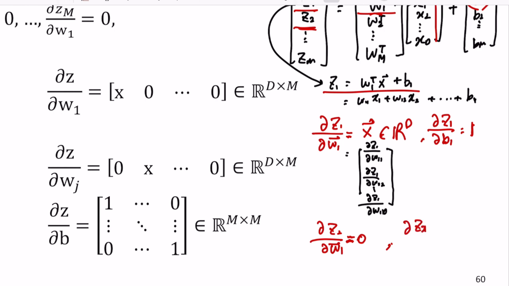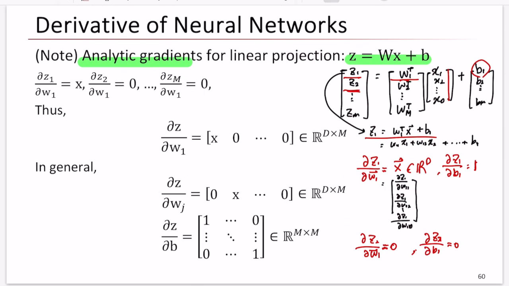Z2 over B1 also should be 0. Based on such a computation, Z1 over W1 is equal to X, Z2 over W1 is equal to 0, and Zm over W1 is equal to 0.